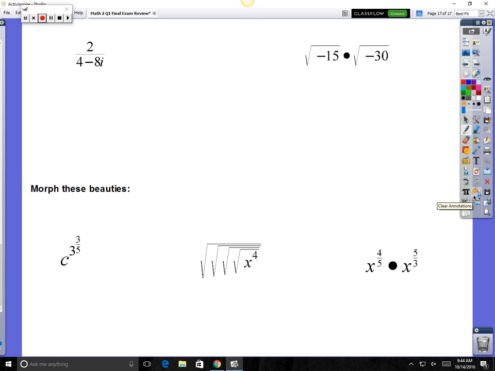Okay, last one. X to the 4/5 times x to the 5/3. If you're times in the letters, you add the exponent, so it's going to be x to the 4/5 add 5/3, and these are fifths and these are thirds. They're not like units. You cannot add them. You can only add them if they're like units.